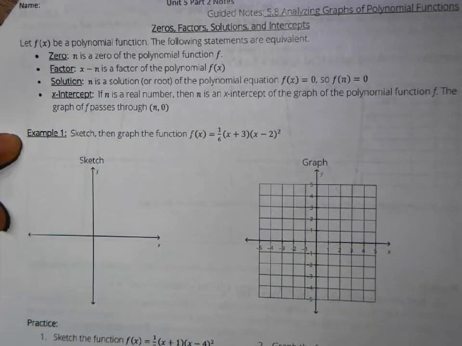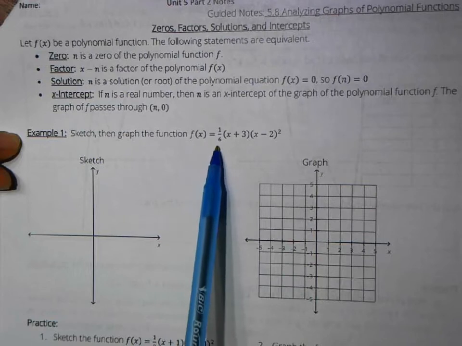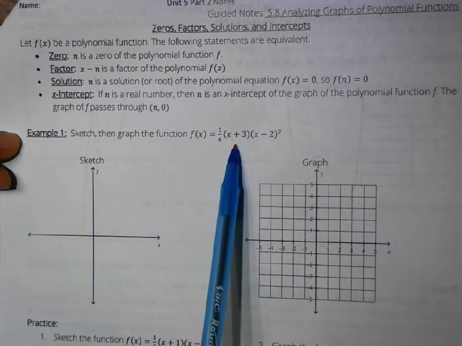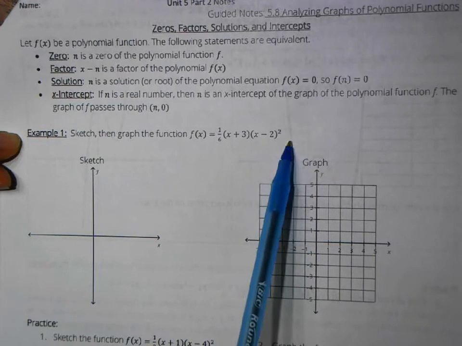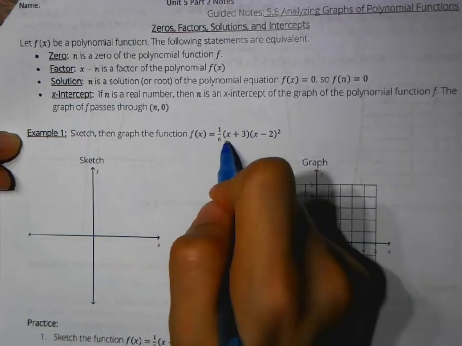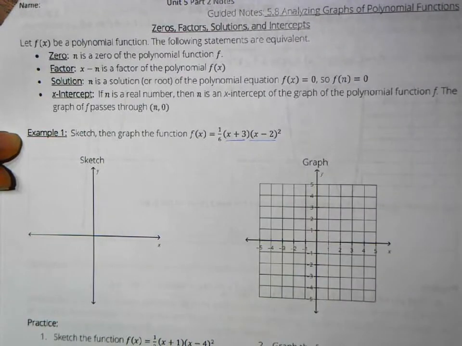For example number 1, we are on page 31 of our notes. It says, let's sketch the graph and then actually graph it. So here's my function, f of x equals 1/6 times the quantity x plus 3 times the quantity x minus 2 squared. Since these are already factors, I can find my zeros from there.